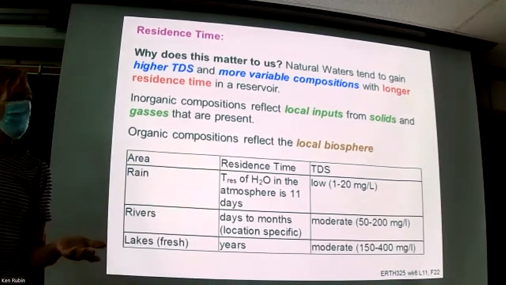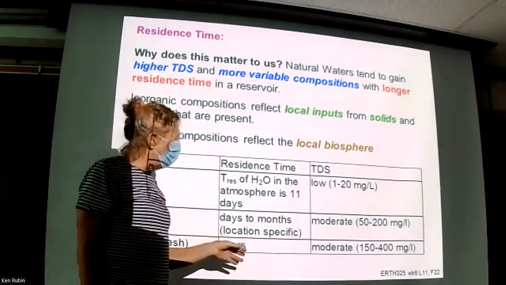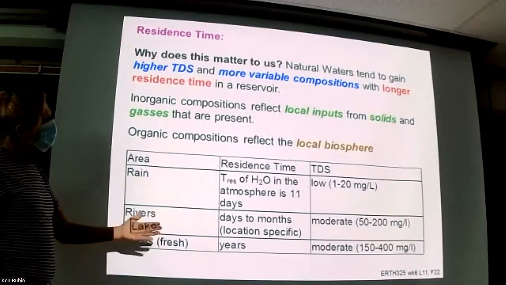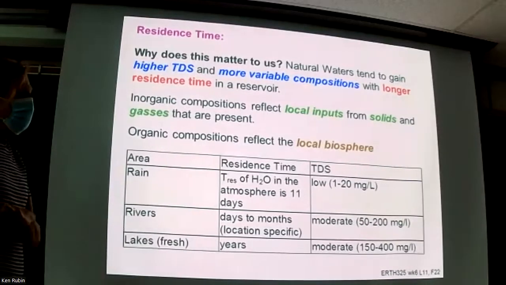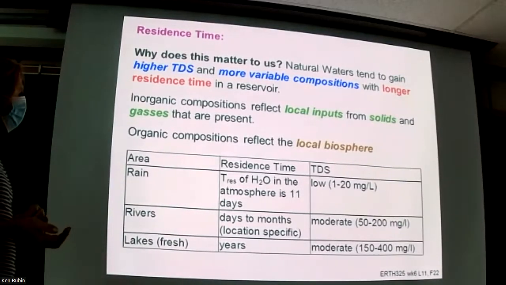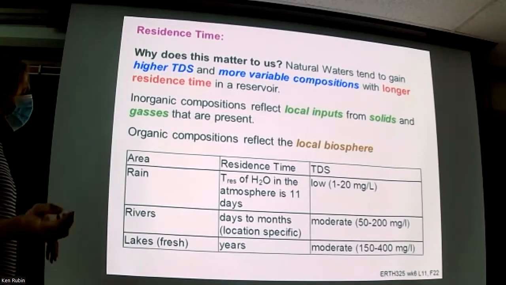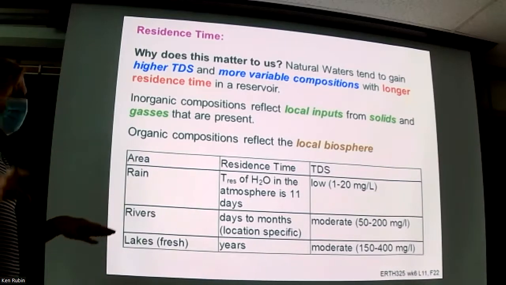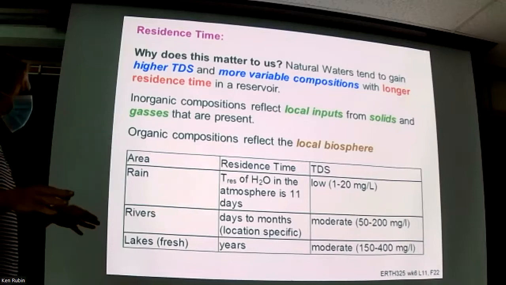The oceans, which we've talked about before, which have much, much higher TDS and water spends much longer there, could also be on this table. I just didn't have any more space. And what is in that TDS, as we've also talked about before, depends a lot on the particulars of the environment, right? It reflects inputs of particles from the local rock, the local biosphere, and those are going to vary from place to place, right?